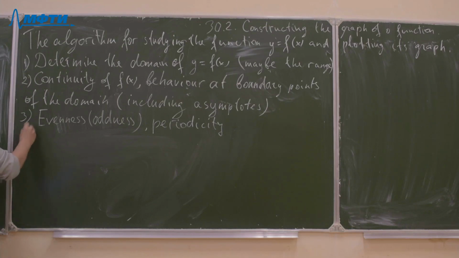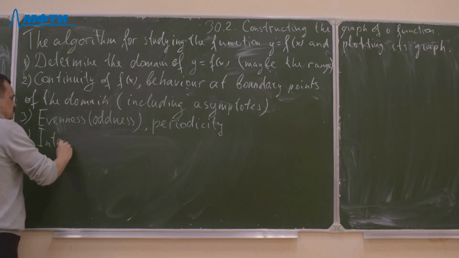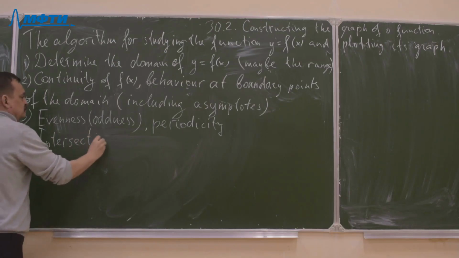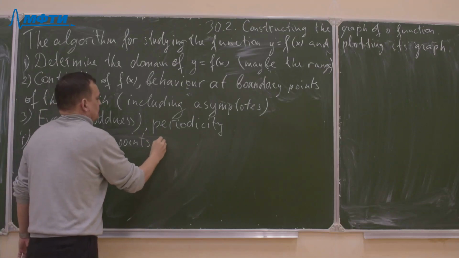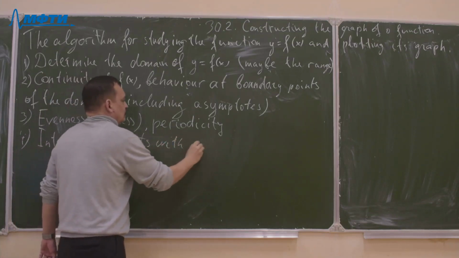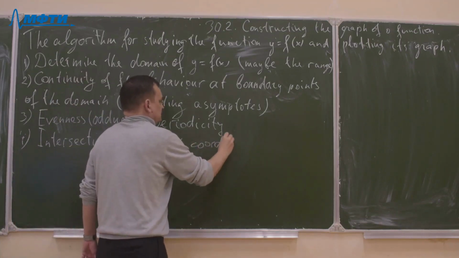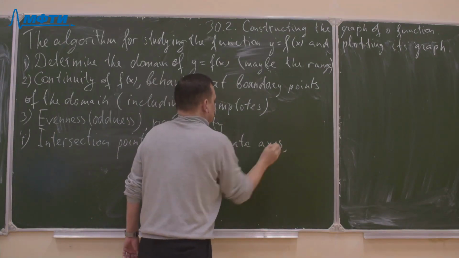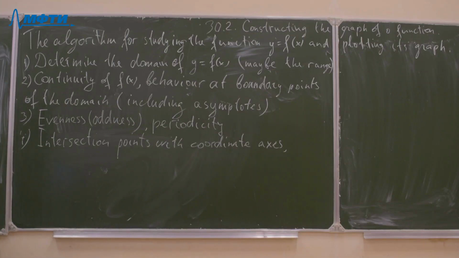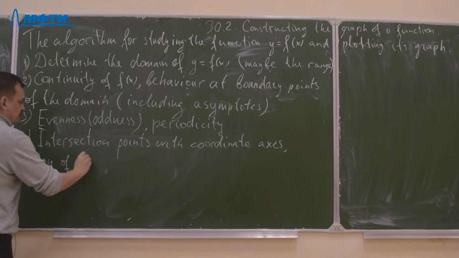Okay, fourth, intersection points with coordinate axes and sign of the function.